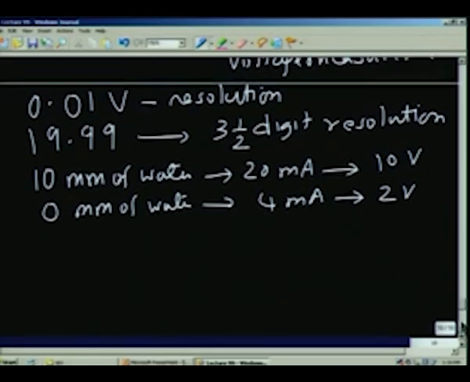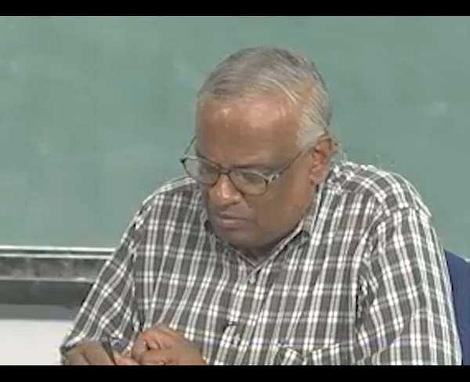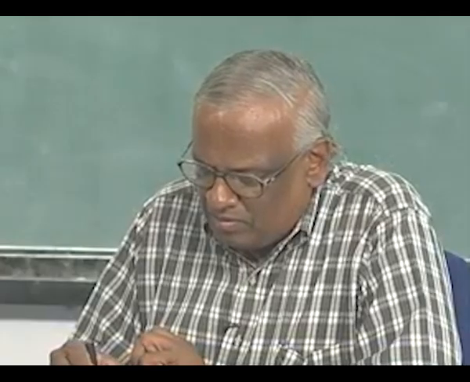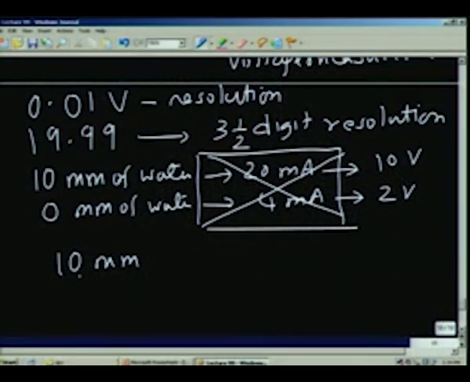So, we can now forget this. We now have a transfer function or transform from the pressure reading to the voltage reading. So, you can see that 10 millimeters of water corresponds to, actually the difference is 8 volts.